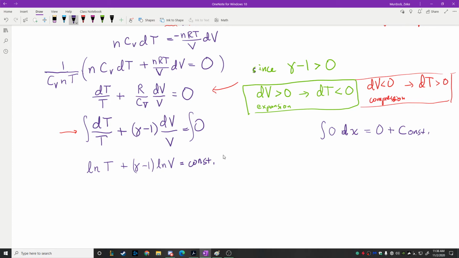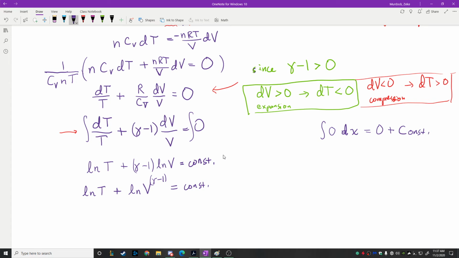And then what we can do is we can use some log relationships. We can say on the left-hand side, log T, leave it the same. But when I have something multiplied by a log, then I can move that up to the exponent of this thing inside the log. So we can make gamma minus 1 an exponent here for the volume. Say that's equal to a constant.